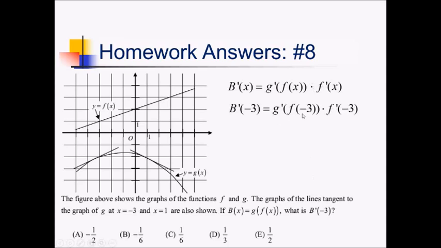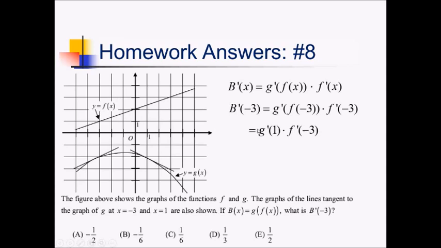Let's deal with this f of negative 3 first, then we'll deal with the primes after that. F of negative 3, if I look at the f function here, at the x value negative 3, I have a y value of 1. So this is really g prime of 1 times f prime of negative 3. And now for the primes here, I have to look at the slope on these graphs.